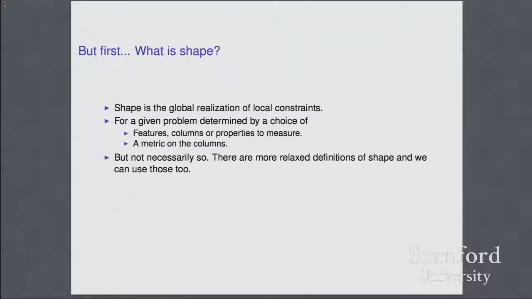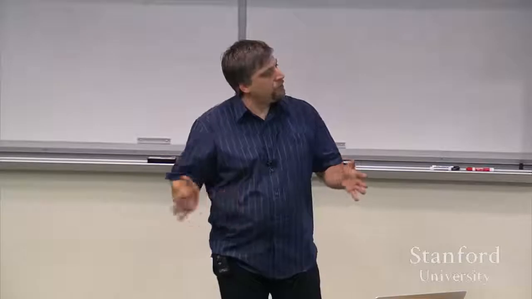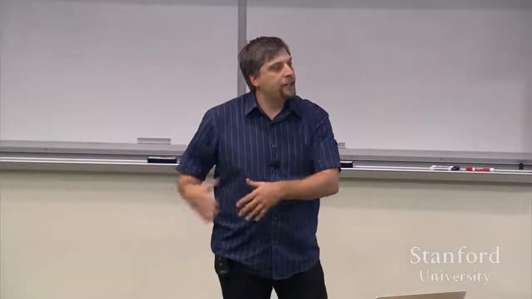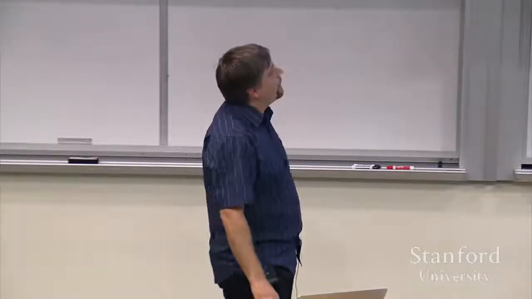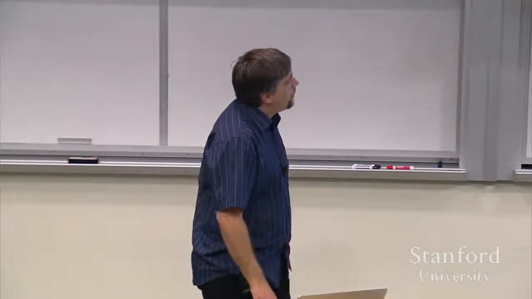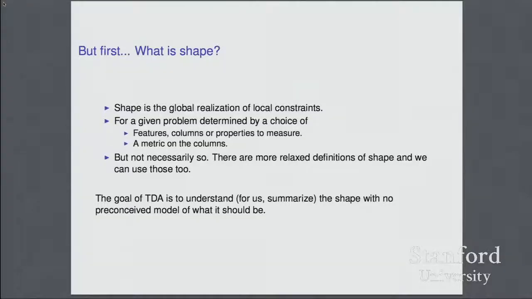But to stay concrete, everything I say will be done with rows and columns. The rows are your data points, the columns are your features. There'll be a kind of metric lurking in the background, and we'll just stay in that more concrete, familiar world. So the goal, rephrasing what I said earlier, is to understand or summarize the shape.